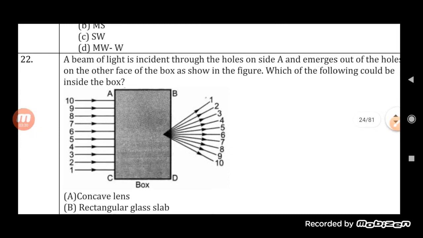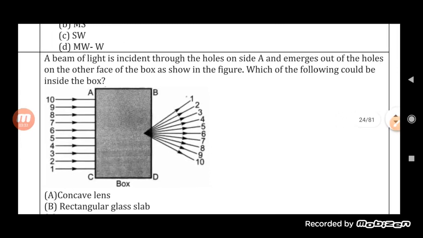Now see the next question. The question is that a beam of light is incident through the hole on side A and emerges out of the hole on the other face of the box as shown in the figure. Which of the following could be inside the box?